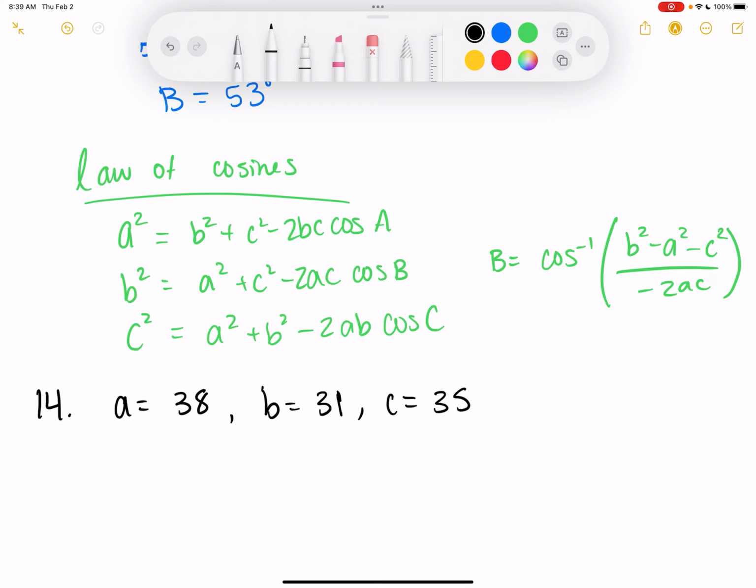Now, quite frankly, if you want to draw the triangle, that's fine. If you don't, that's also okay. I mean, I usually do draw it just to have something visually there, but it doesn't matter. It's not as big of a deal like the ones we were doing 2 days ago, law of sines. So, this is the side case.